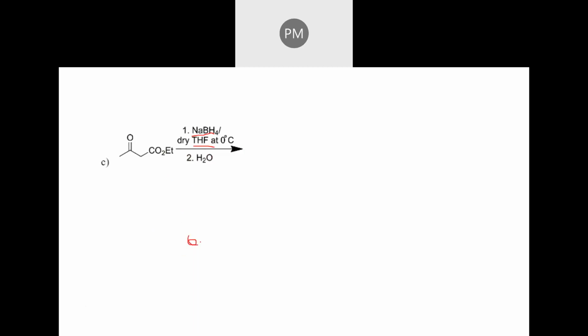For a carboxylic acid like COOH, and COOEt, this one is our ester, and if there is a ketone group, and if there is an aldehyde, and if your reagent is LiAlH4, and another reducing agent like NaBH4.